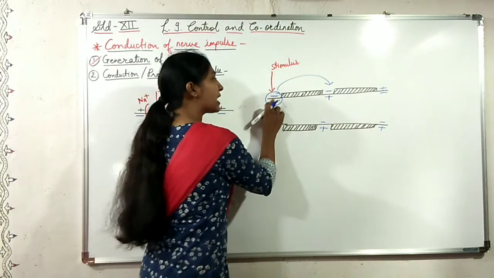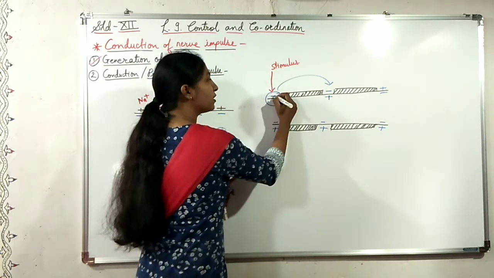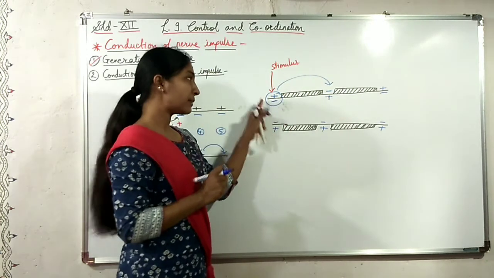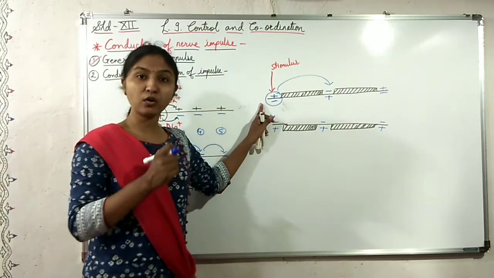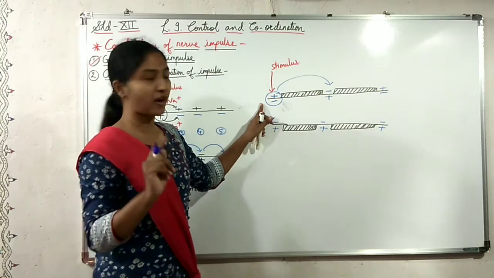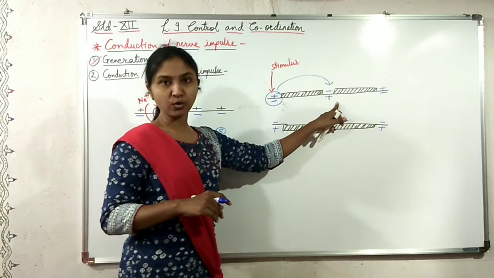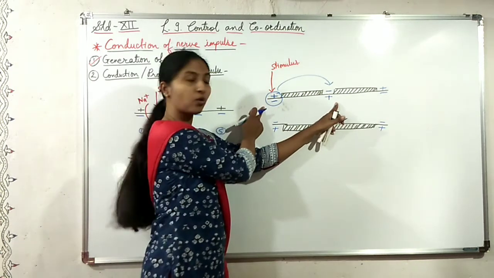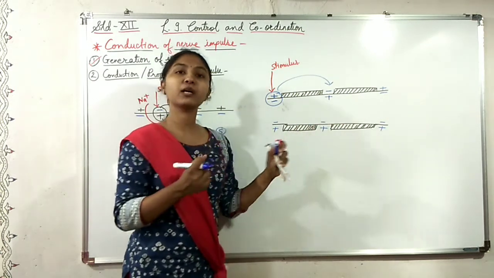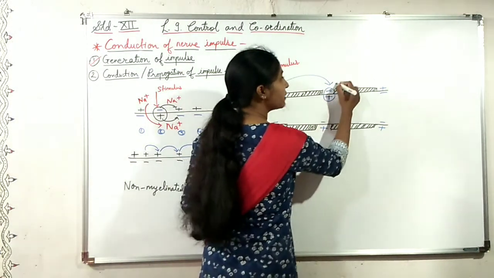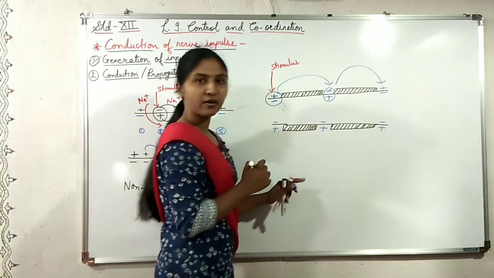As this impulse jumps to the second node of Ranvier, the first node of Ranvier will again become repolarized. The depolarization which was generated at the first node of Ranvier jumped to the second node of Ranvier, so the first node will automatically become repolarized. Now this depolarization will jump to the third node of Ranvier.